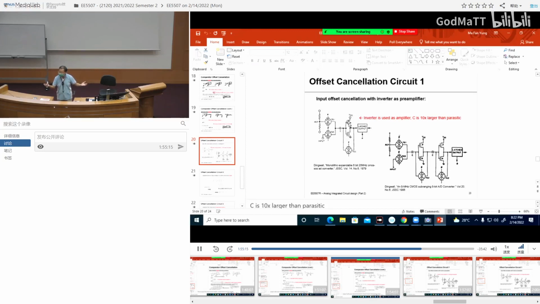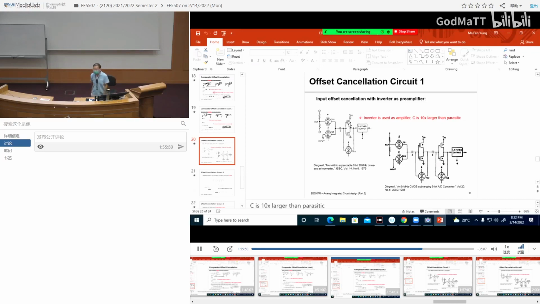Inverter can be both digital or analog depending on how you look at it. If you just look at it from the 1 and 0 point of view, of course it's a digital circuit. If you look at how the transfer curve goes from input to output, it is an analog circuit. Actually all circuits are analog. Digital is just an abstraction.